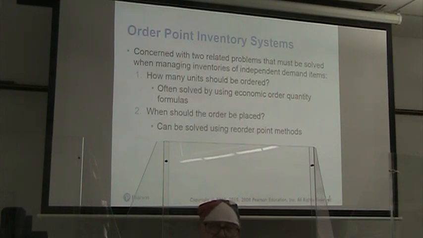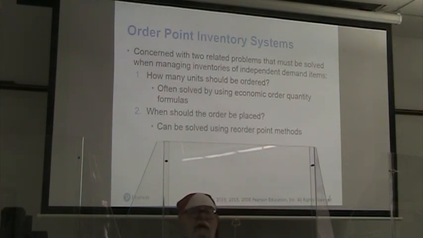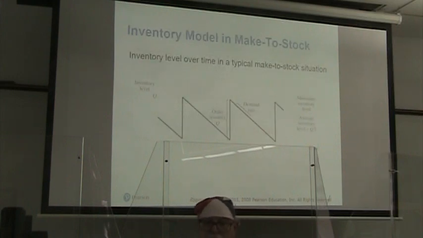And there are different economic order quantity formulas. There's the basic one, there's the one for if we allow back orders, there's the one for if we allow late deliveries. Believe me, there's no end of formulas here. And the second question is, when should that order be placed? So we solve that using a reorder point method.